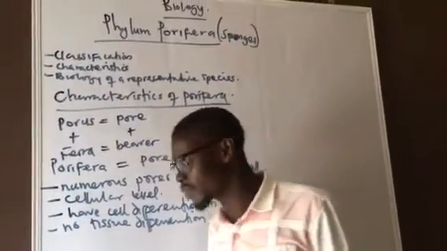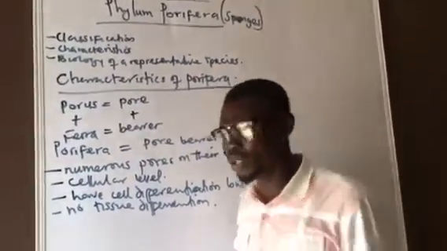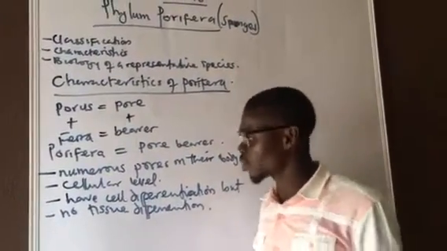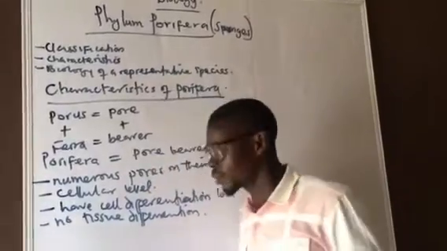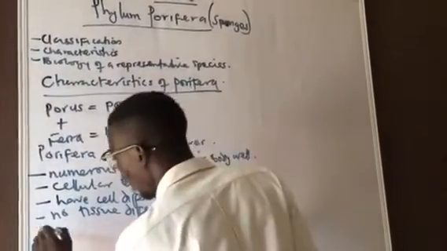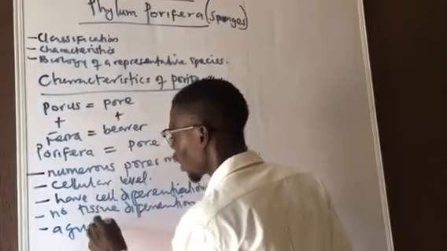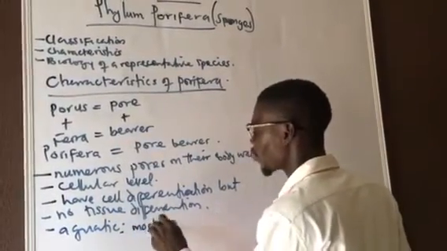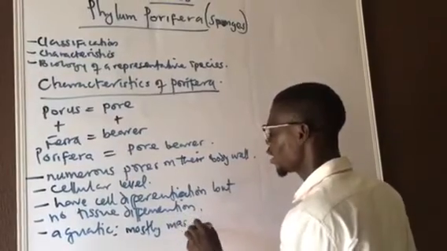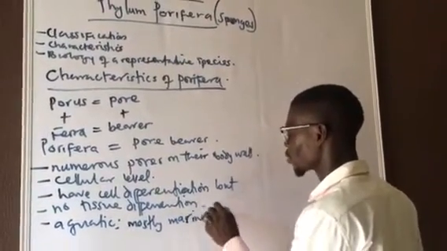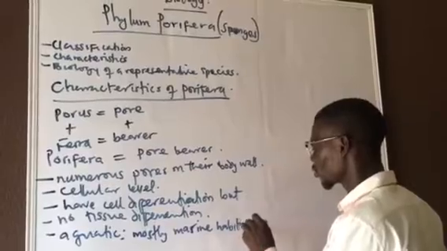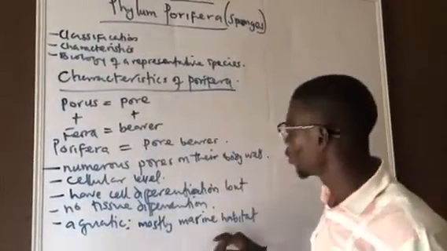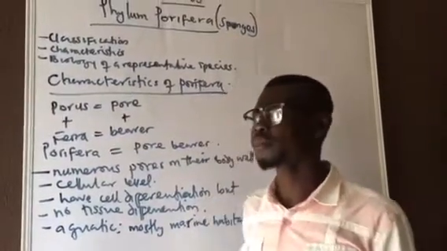They occur as colonies of cells. Another characteristic of these organisms is that they are all aquatic, and mostly found in marine environments. Just a few can be found in freshwater. They prefer staying in marine environments.